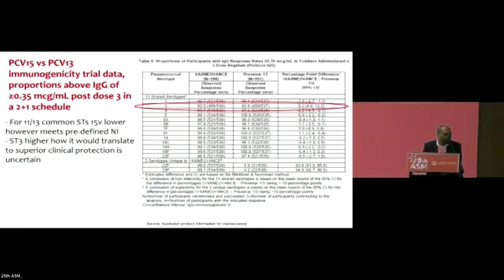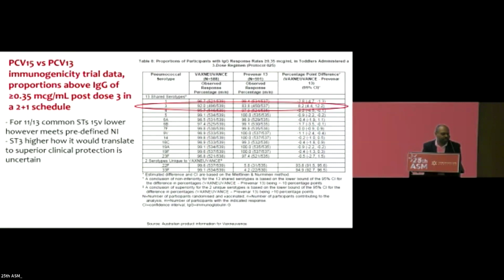So showing you this data from one of the PCV15 trials, looking at the 2+1 schedule, which is the one that the majority of the children currently get here. So this is showing you the proportions above that 0.35 threshold for PCV15 and PCV13 recipients.